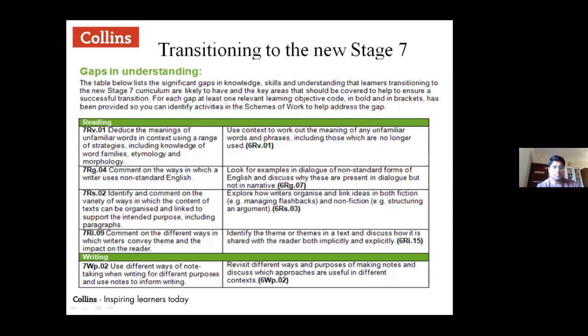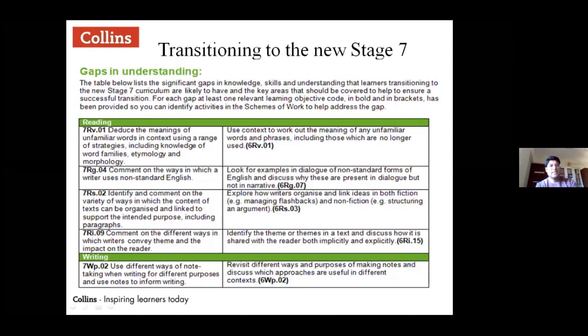Is there any change in the nature of the questions in the new paper pattern? The style has not changed. The structuring of the questions has not changed.